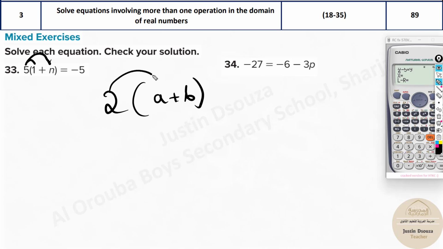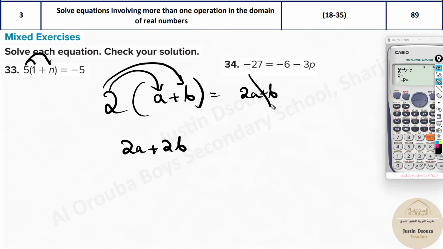This 2 is multiplied evenly inside these brackets to both the terms. Brackets means this entire quantity, right? You have to evenly distribute it. So it will be 2a plus 2b. Don't make the mistake. Sometimes some students write just 2a plus b, which is entirely wrong.